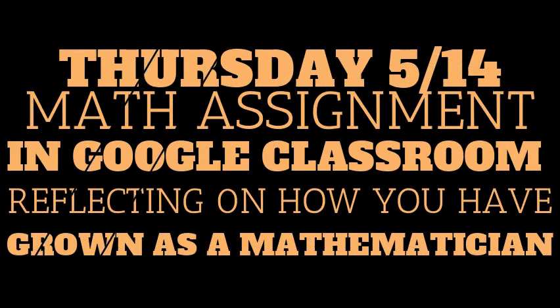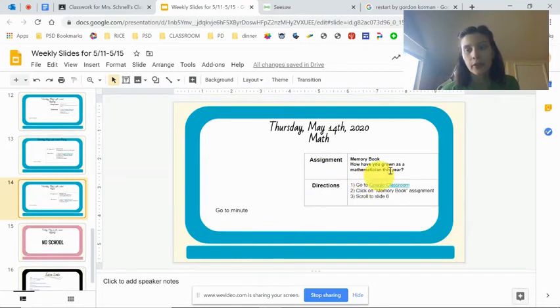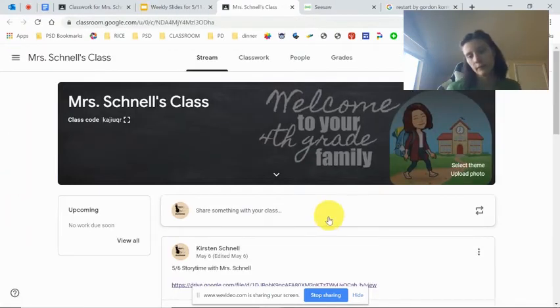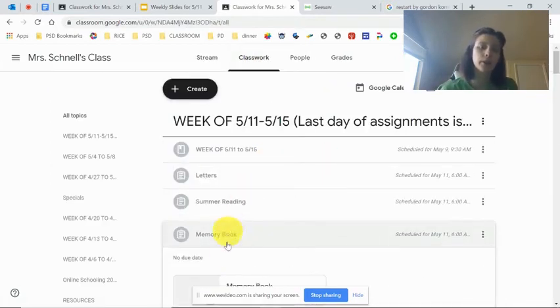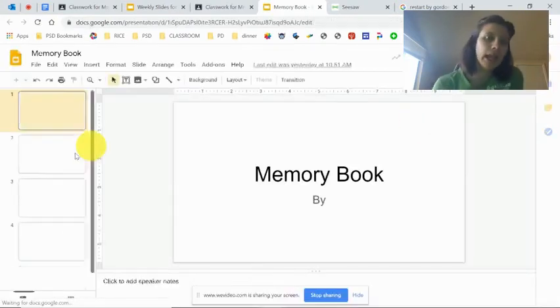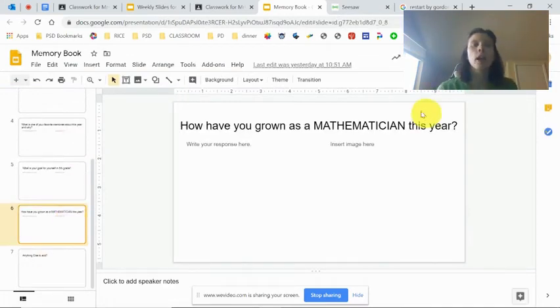And then for Thursday, you are going to do your last slide in your memory book. So if you go to Google Classroom, you go to your classwork, and you go to your memory book, click on it, and you scroll down to almost the last slide. You're going to reflect on how you have grown as a mathematician this year, okay?